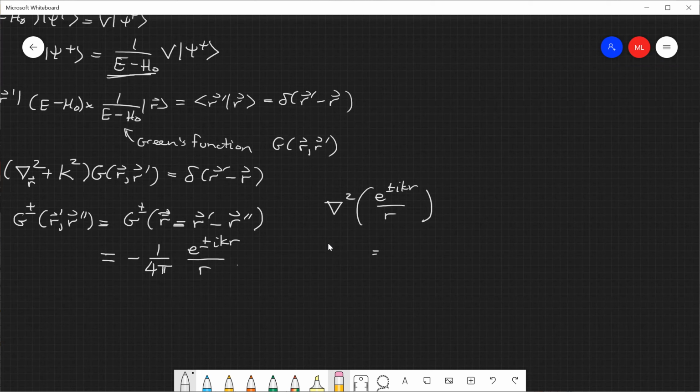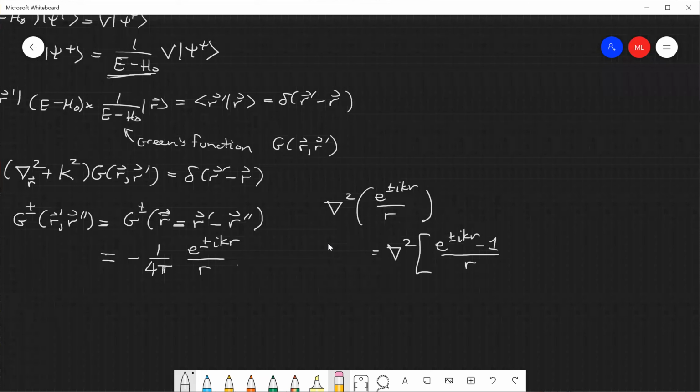It's one of the first things you do in that Griffiths E&M book. You can go back and look at that if you want to see how that works. But you have to add and subtract 1 over R to get this to work.